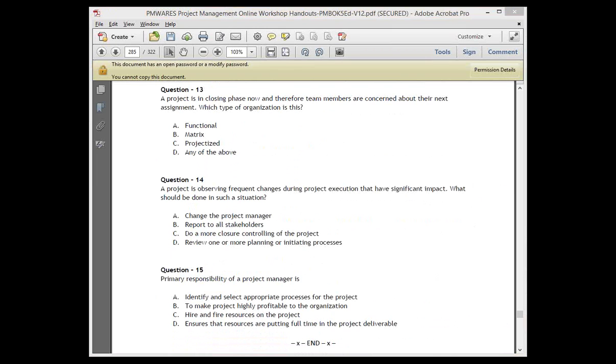This is what is really important, because when you are starting a project, if you have not selected the right process, your people will be working on something which is not required for the project, and therefore it will be a waste of time. It is very, very common that when we start a new project, we take up the organization standard processes and adopt everything without any customization or tailoring.